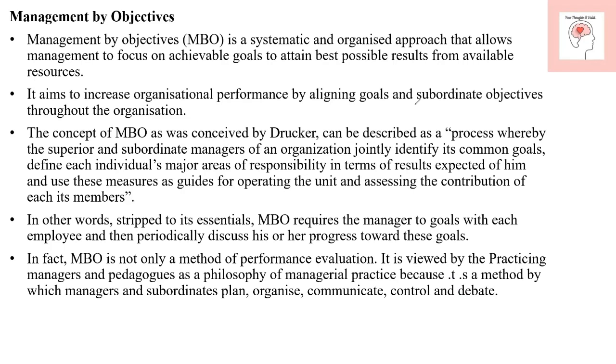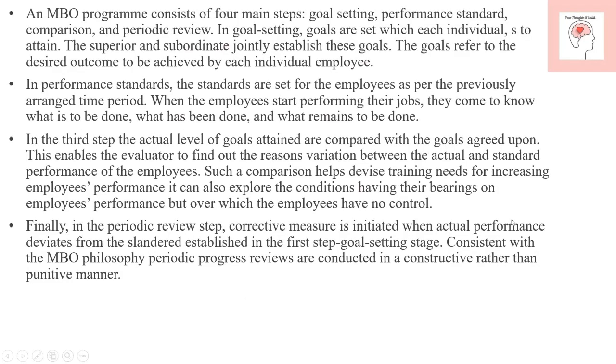So let's move on. An MBO program consists of four main steps: goal setting, performance standards, comparison, and periodic review. In goal setting, goals are set which each individual can attain. The superior and subordinate jointly establish these goals.